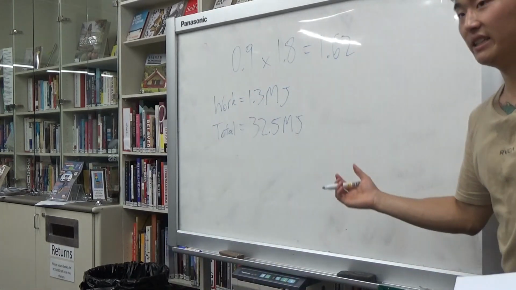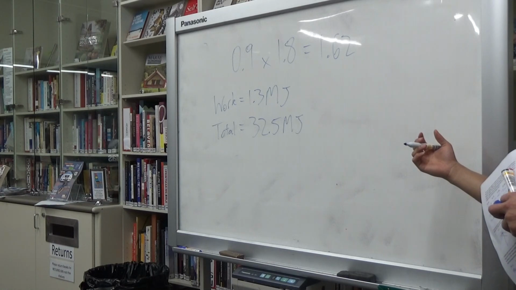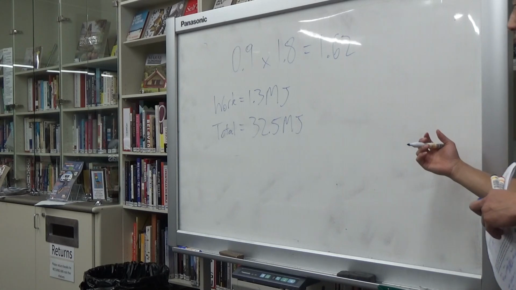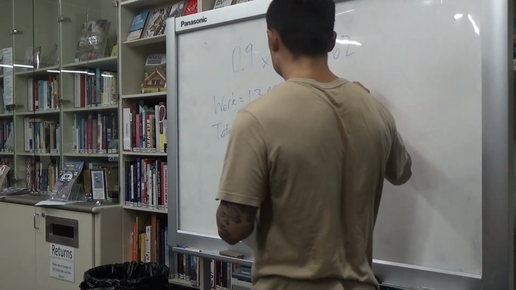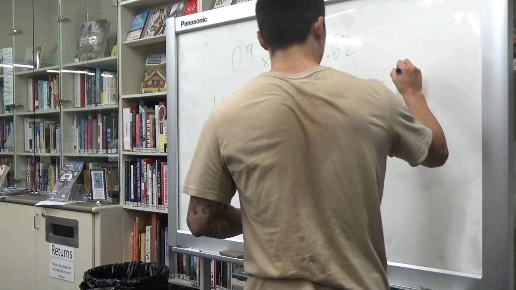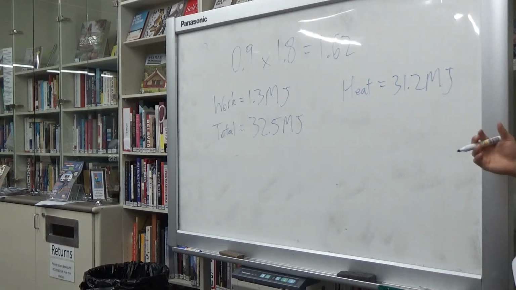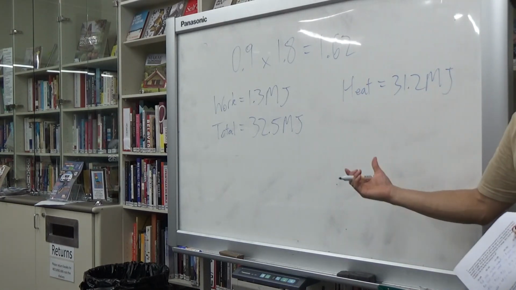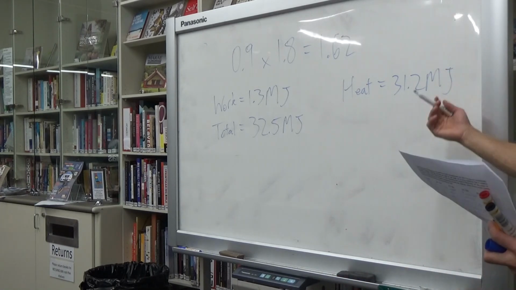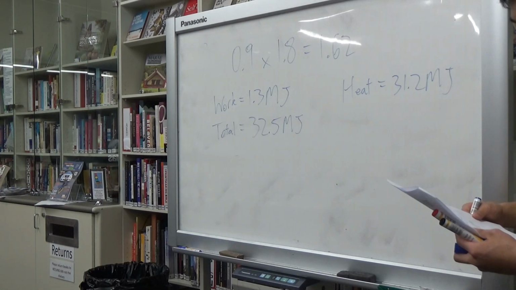So then how much heat must they have produced over the run? Yep, 31.2. So that means heat would have been 31.2. Because remember that energy can only be turned into work or heat. So the remainder of that total must have come from heat. So D is going to be false. Okay. And then E is true.